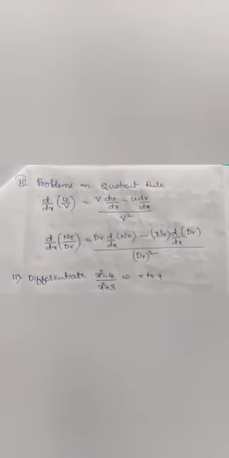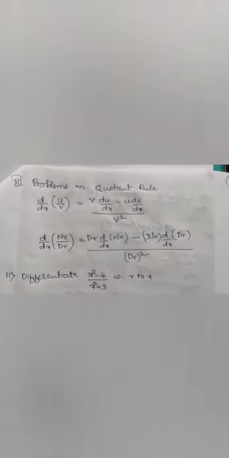The third type is problems on quotient rule. Quotient means d by dx of u by v equals, divided by v square, v as it is du by dx minus u as it is dv by dx.